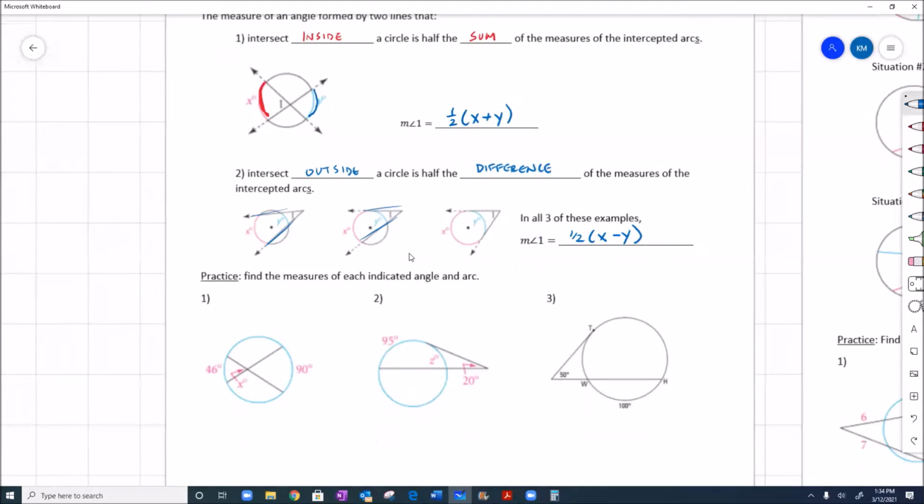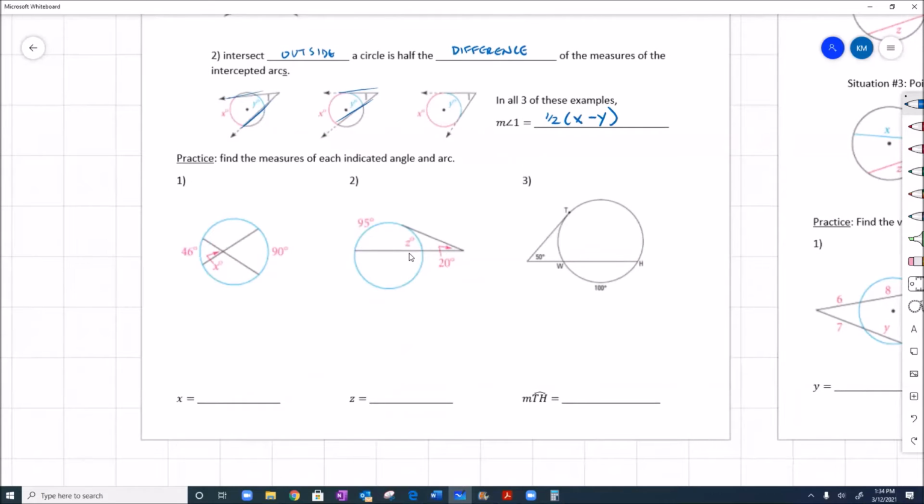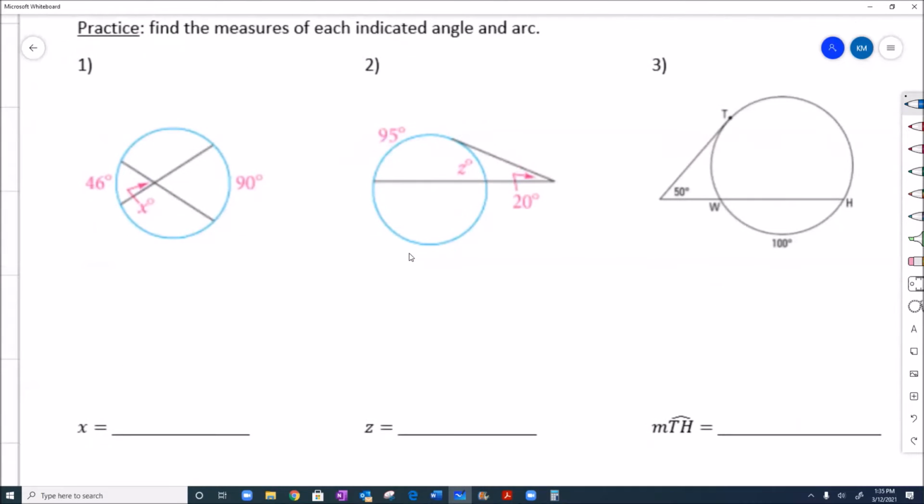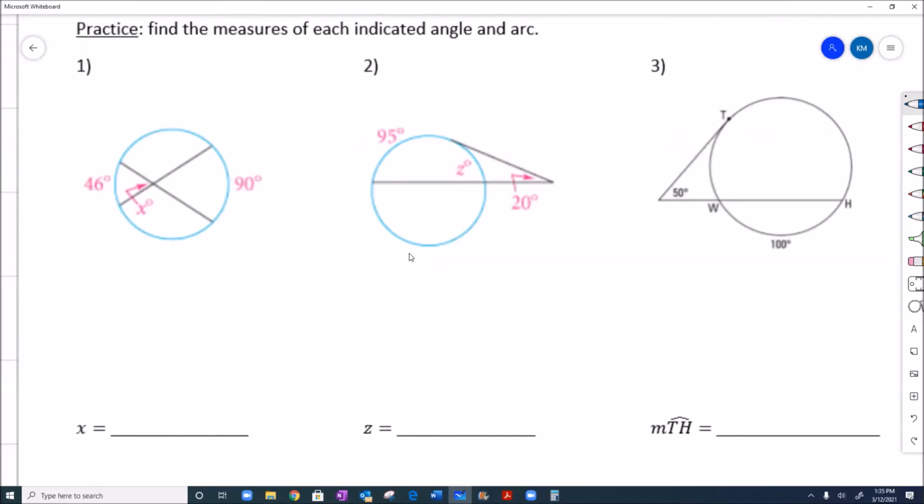All right, so let's run into some example problems then. It says find the measures of the indicated angles and arcs. So here we have this angle X. Let me zoom in and make a little bit more space for me to work on. Here it's inside of our circle, so X should be half of the sum of the intercepted arcs.